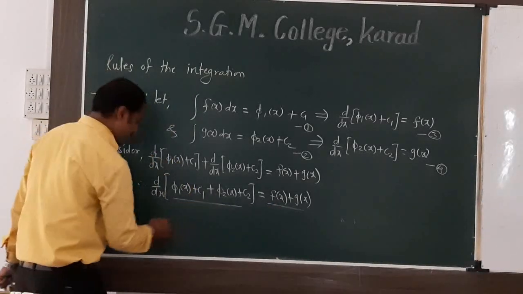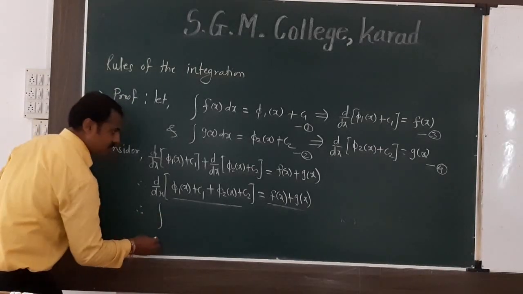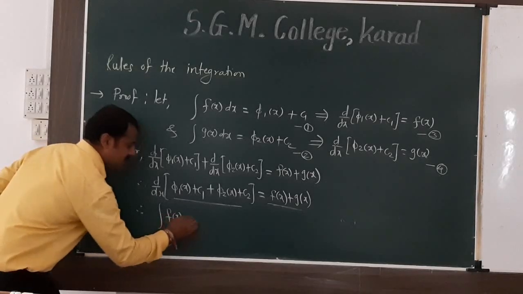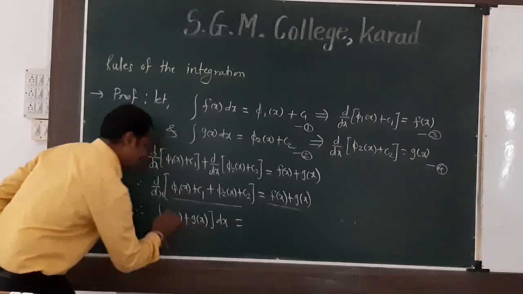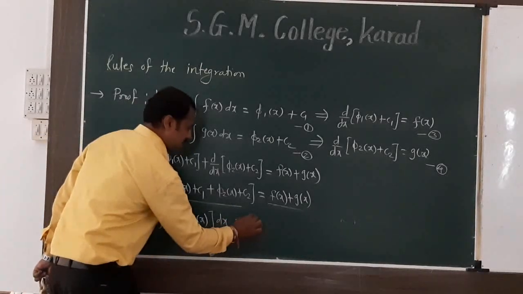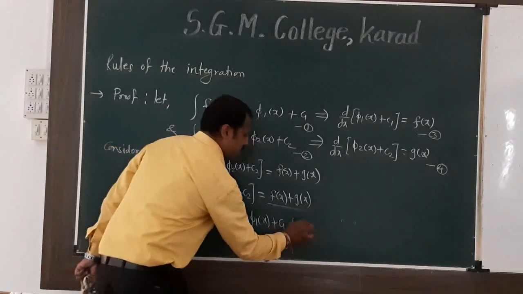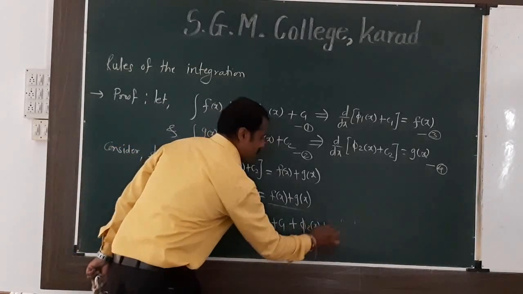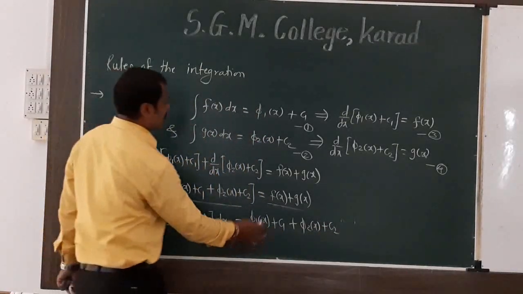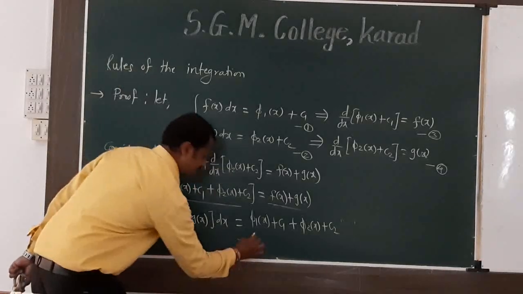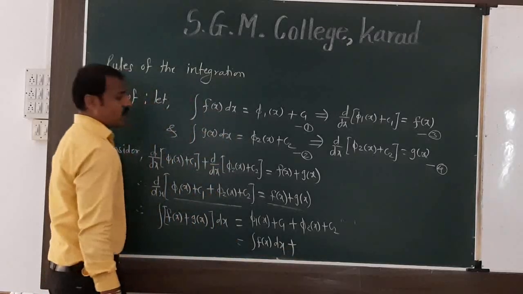Okay, so therefore by definition of integration, integration of f of x plus g of x with respect to x is equal to phi 1 of x plus c1 plus phi 2 of x plus c2, which is equal to, from equation first, phi 1 of x plus c1 is nothing but integration of f of x dx, plus phi 2 of x plus c2.